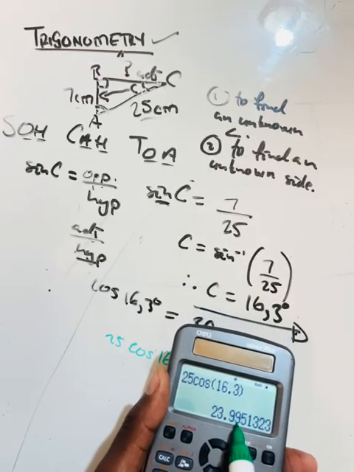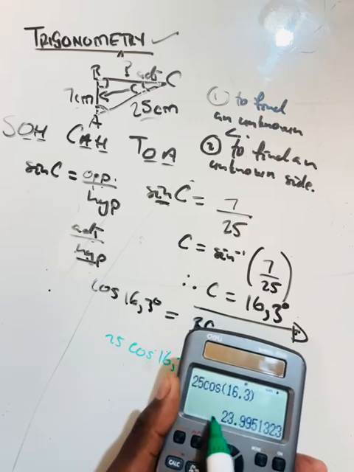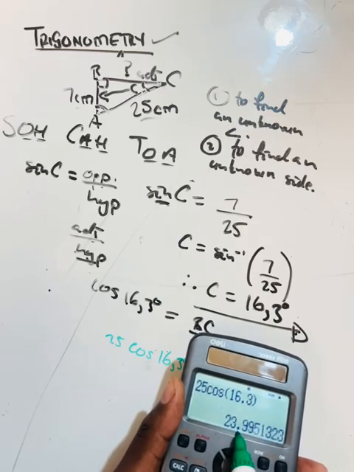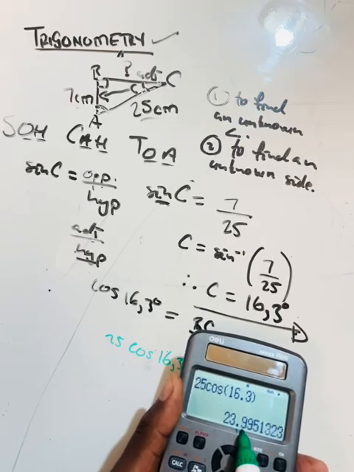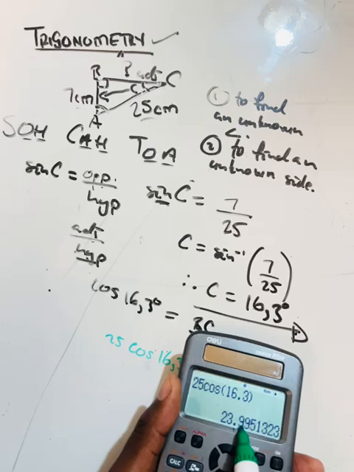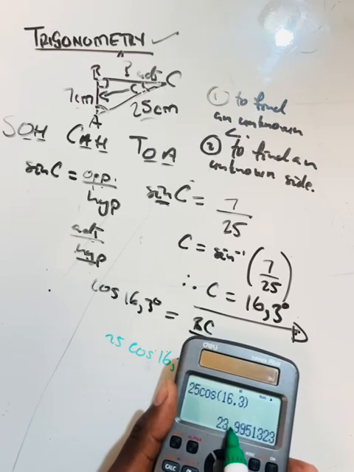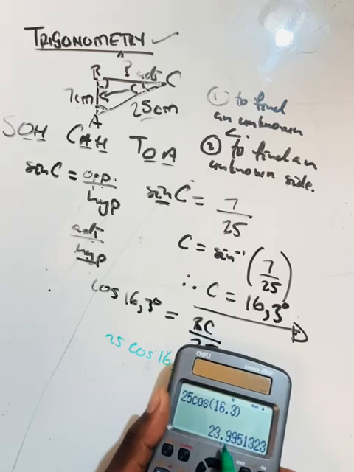I round it off to the nearest whole number, meaning I just take the number before the comma. So I must look at the first decimal number. It's above 4, which means I must add 1 here. And when I add 1, it becomes 3 plus 1, which is 24.